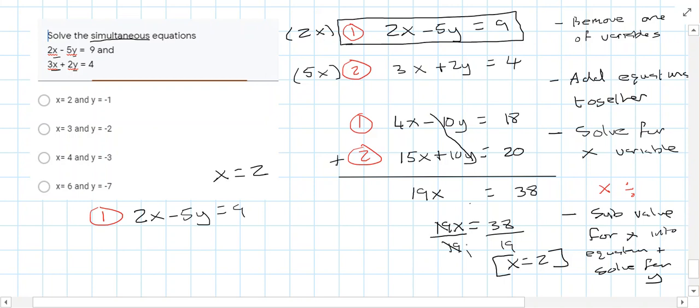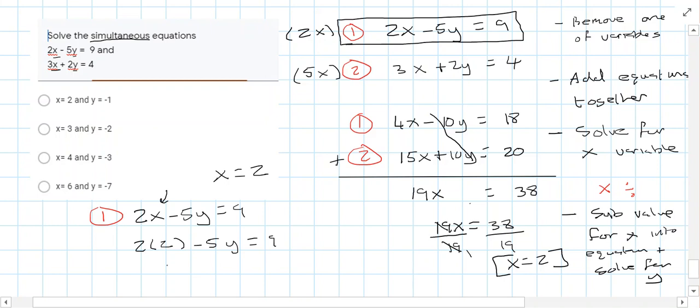We've worked that out. So you're substituting the value into this equation, and wherever there's an x, you put in the value for x, which we've worked out as 2. So it's going to be 2 times 2, minus 5y is equal to 9. Now we can start to solve for the y variable.